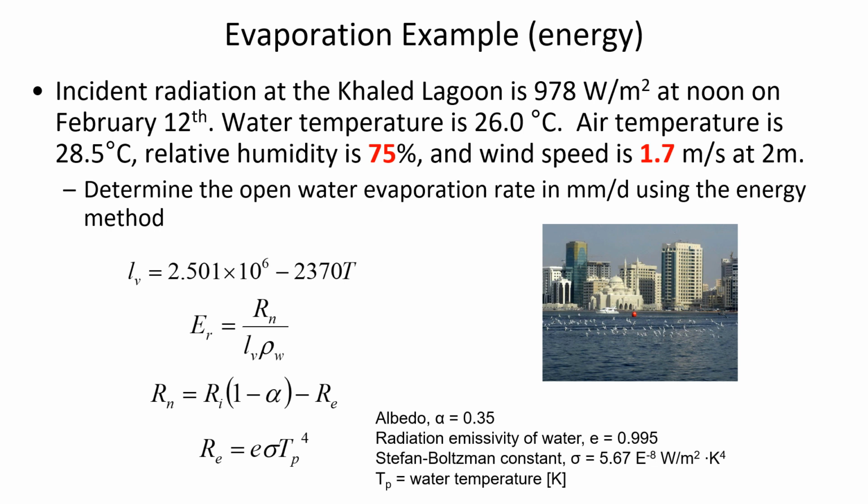You're feeling long wave radiation being emitted. It's kind of like an infrared sauna, if you've ever been in one of those. Its energy is going through the air, not being conducted by the air. So in this formula at the bottom, R sub E is the emitted energy, which is based on the temperature of the water. We can estimate it that way.